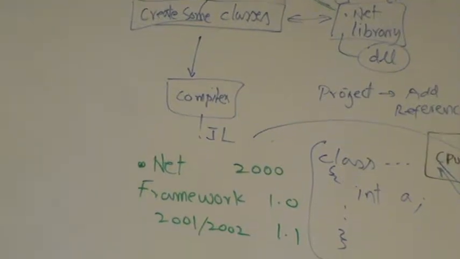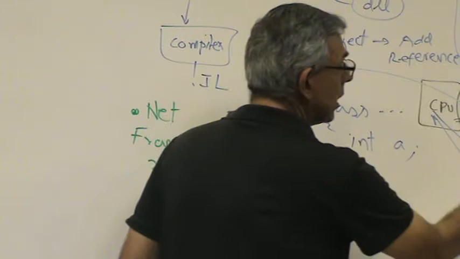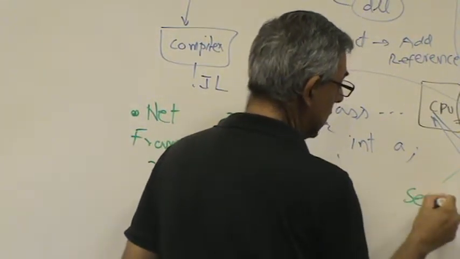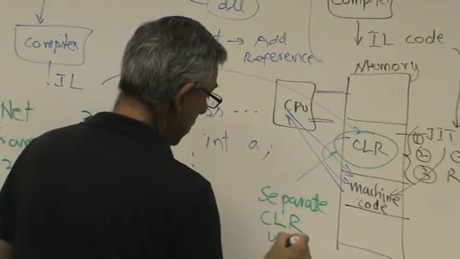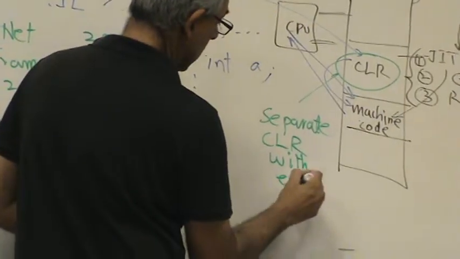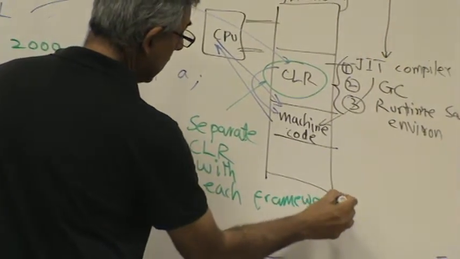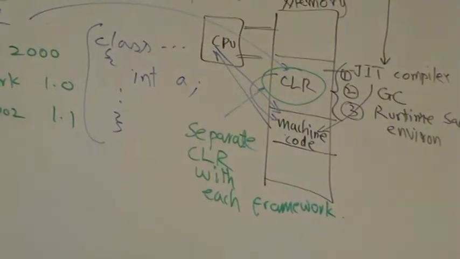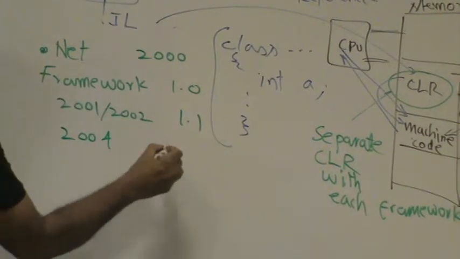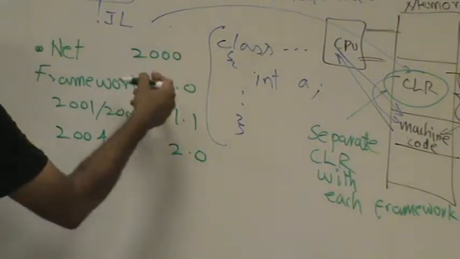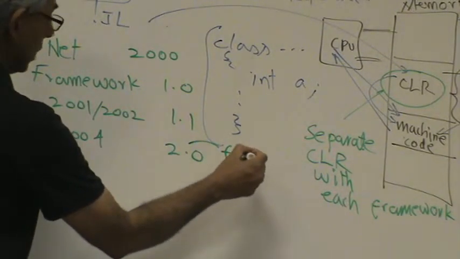They called it Framework 1.1. With every framework, there's a separate CLR. And every couple of years, they keep improving it, keep introducing new frameworks. So for example, around the 2004 time frame, it was framework version 2.0.